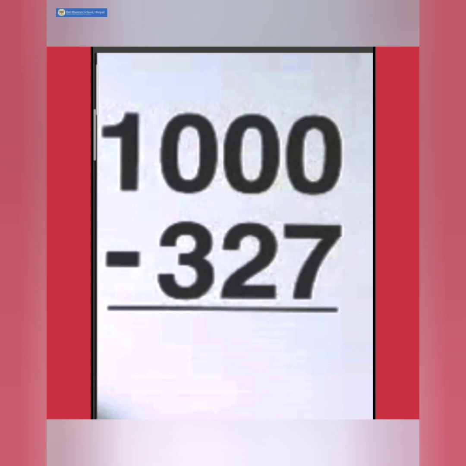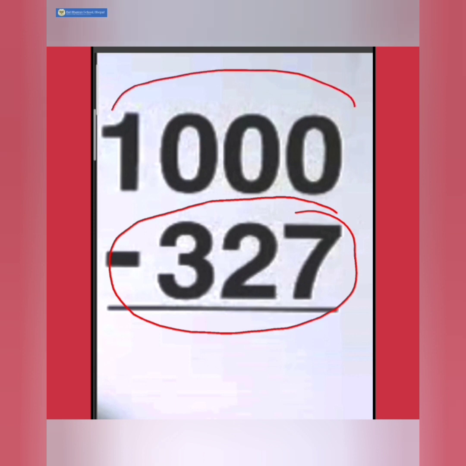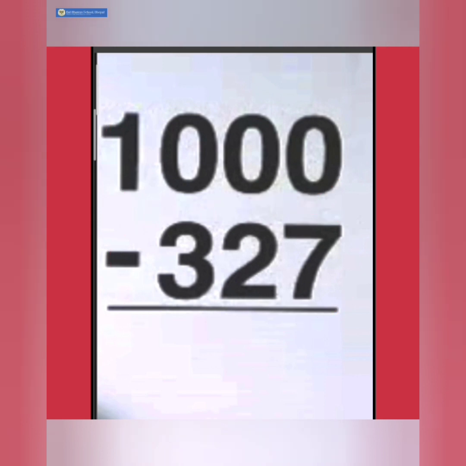Now let us take away 327 from 1000. Remember, what are we supposed to do before writing the subtraction sentence? Yes. Let us write the numbers under their correct place values.